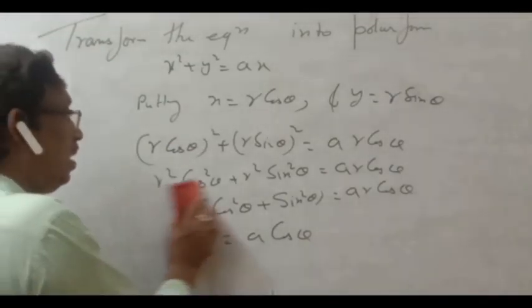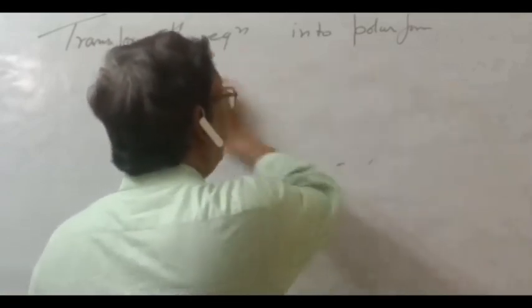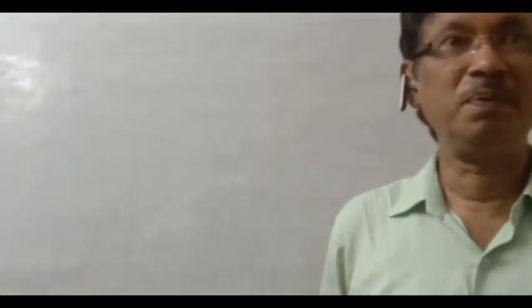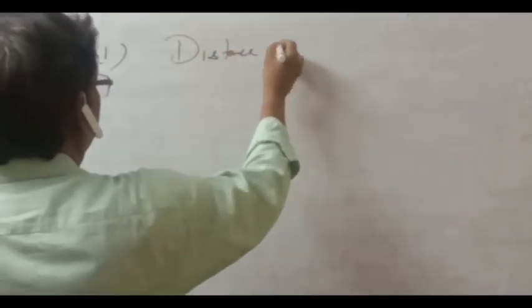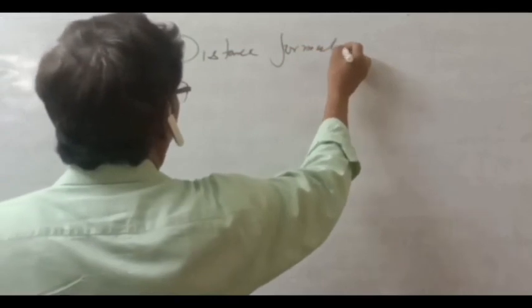Okay, now we have read in 10th class the distance formula, section formula, area of the triangle. So we do not discuss them, but we know the facts of these formulas. First, the distance formula.